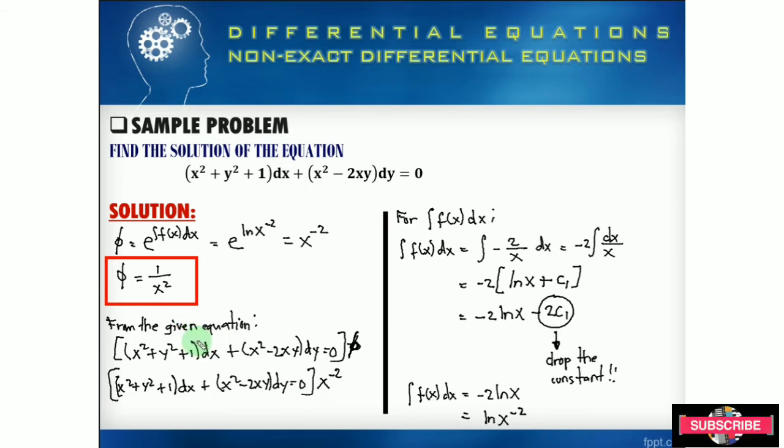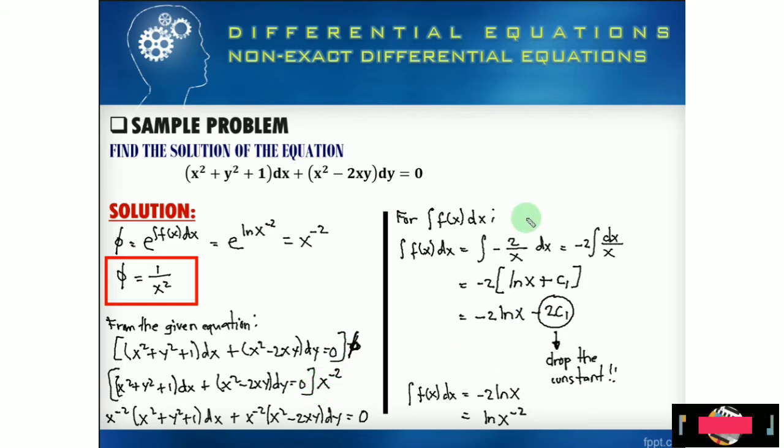Okay, so distributing this one to this given equation, so we have here x negative 2 times this x squared plus y squared plus 1 dx. Okay, plus we have here this x to the negative 2 times this x squared minus 2xy dy is equal now to 0, because 0 times this one is just simply equal to 0.